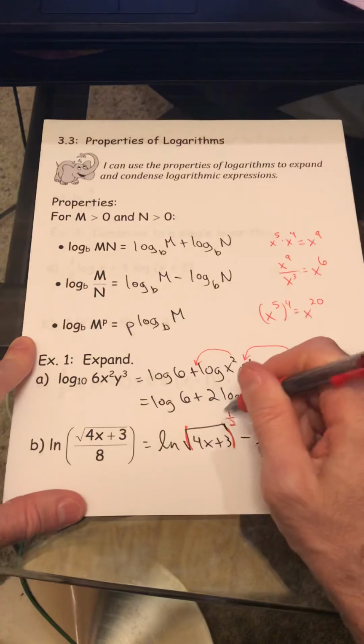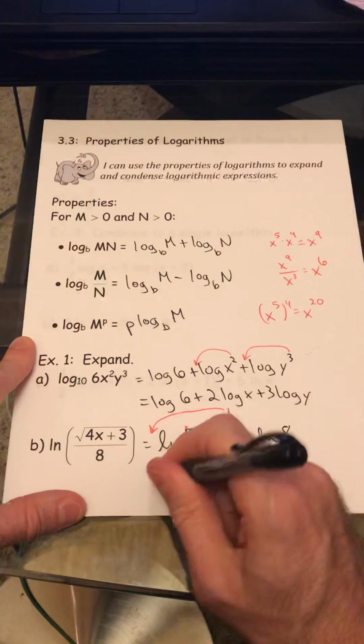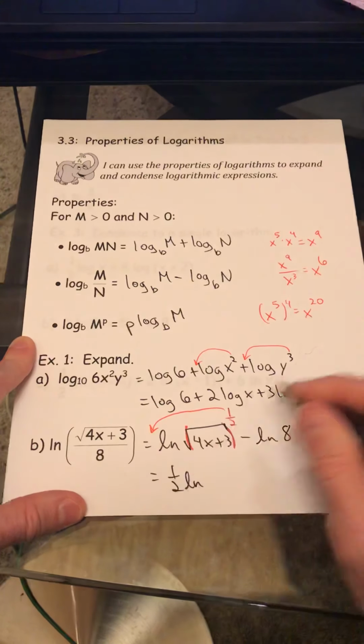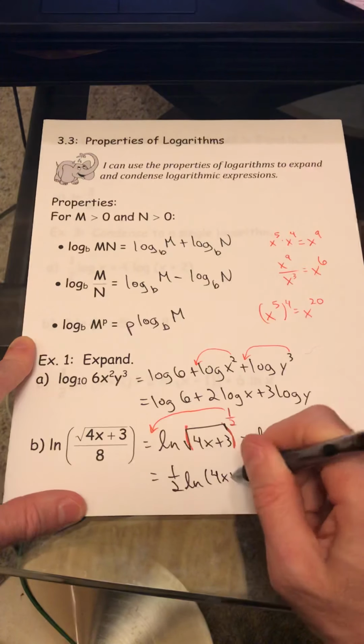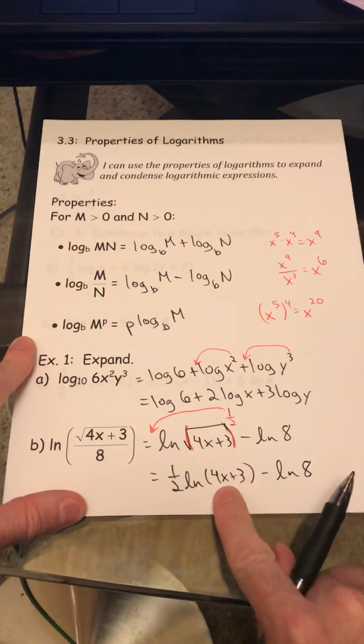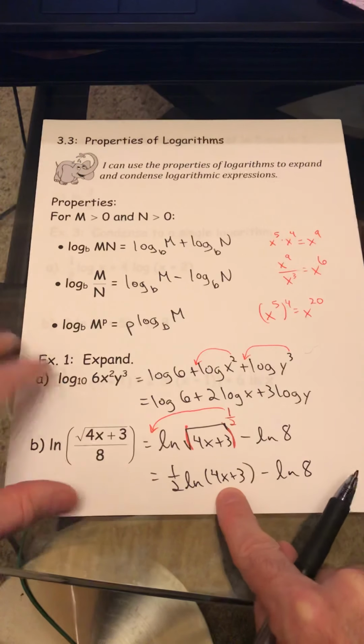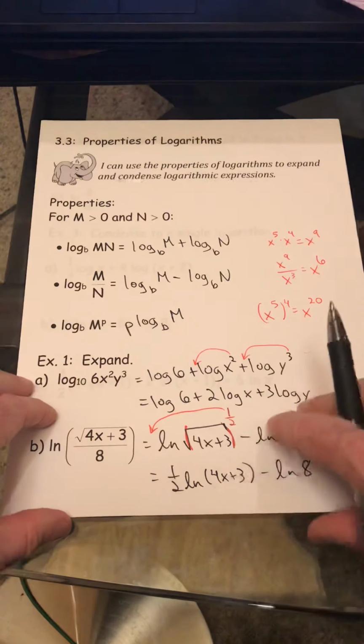So we can move that exponent, just like the prior example, out to the front. From here, don't worry about trying to split anything else up because that's a quantity with addition. We can't really go any further with this one.